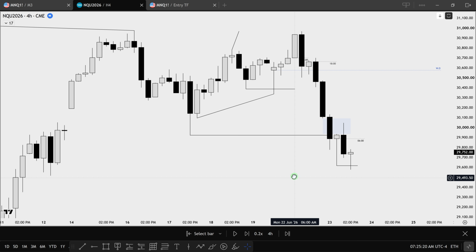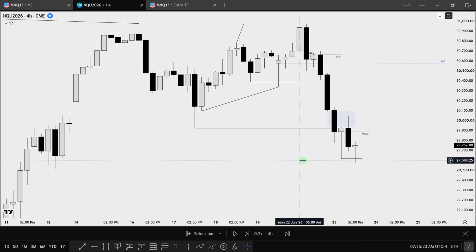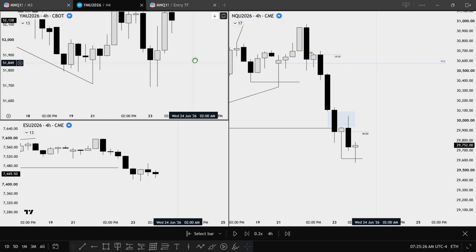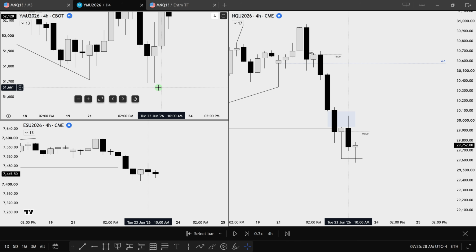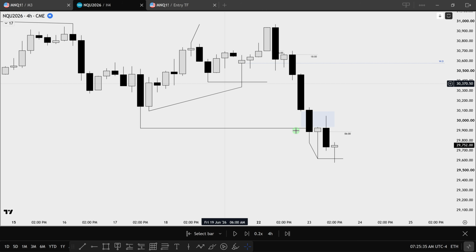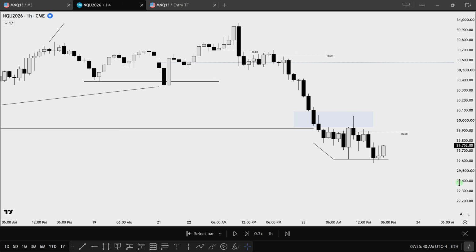Now, let's see. Do we have SMT here? Yes, we do. So NQ takes out the London low, YM does not. That is our SMT. Now let's drop down to the 1 hour.